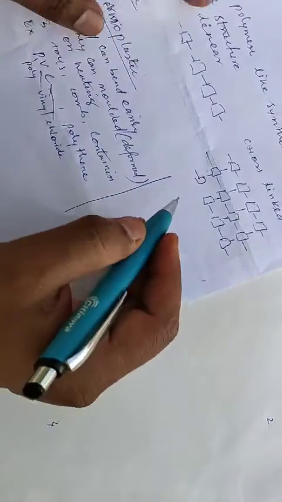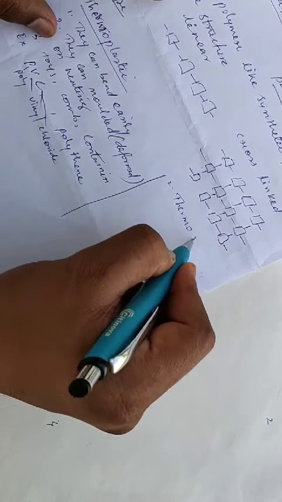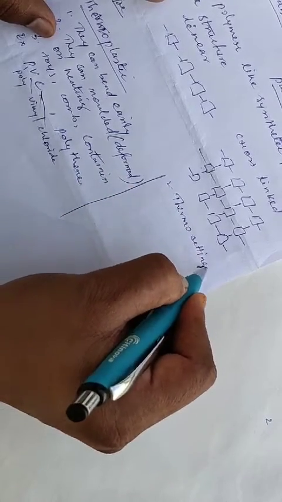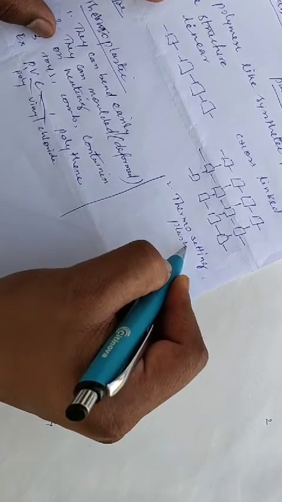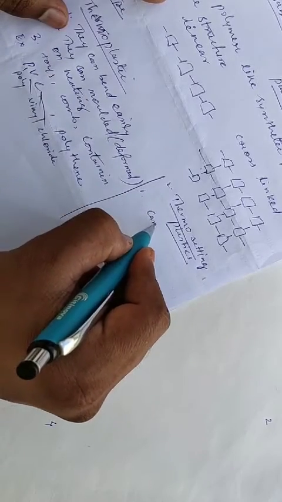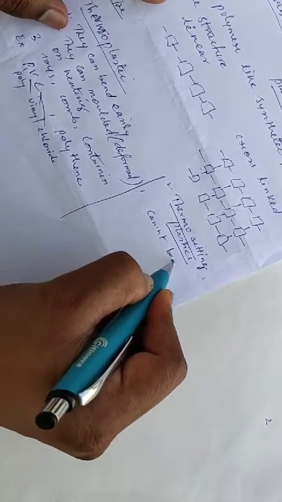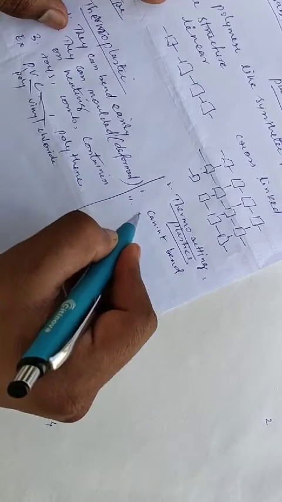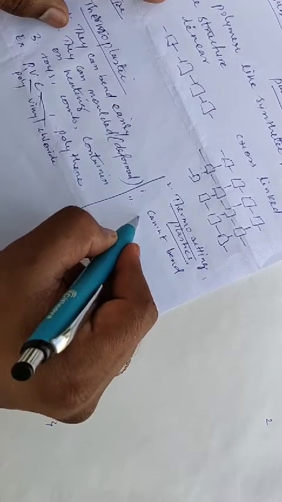Similarly, if we look into thermosetting plastics, there is another type of plastic. Just opposite of them, they cannot be bent, cannot be softened.